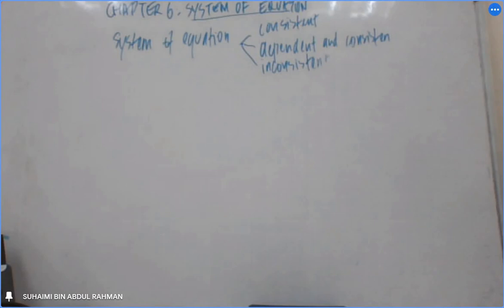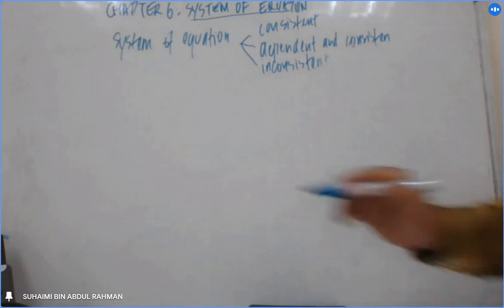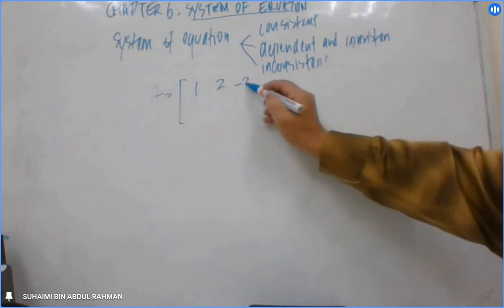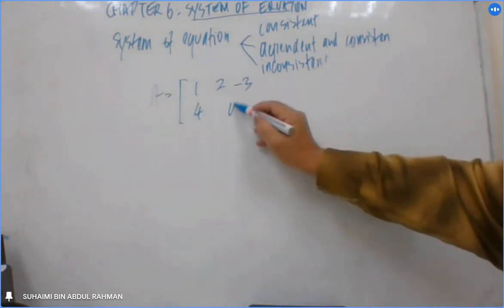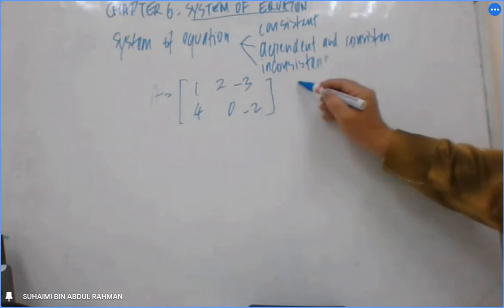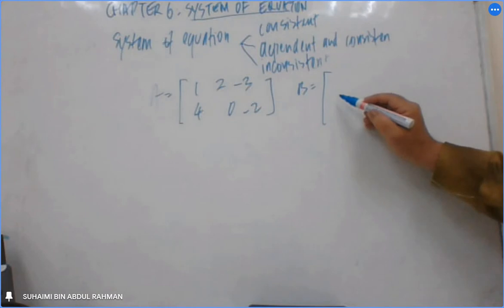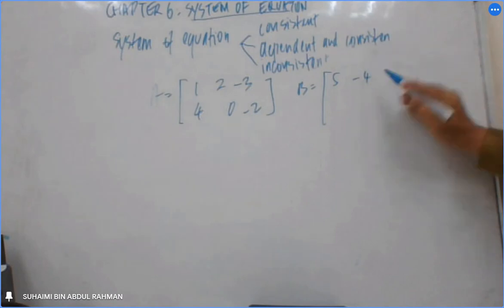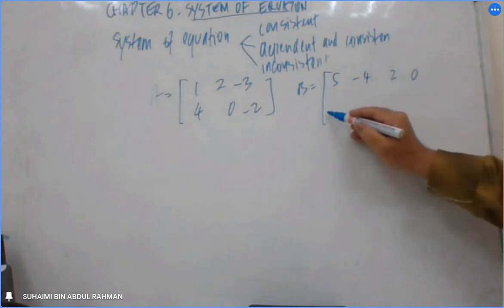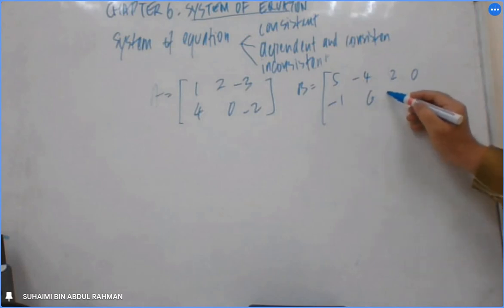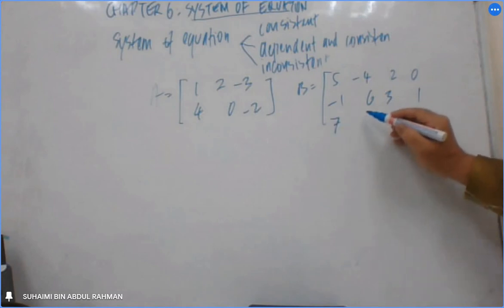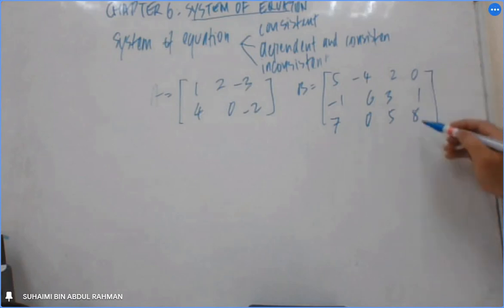For instance, matrix A is a matrix of 1, 2, minus 3, 4, 0, minus 2, and matrix B is 5, minus 4, 2, 2, 0, minus 1, 6, 3, 1, 7, 0, 5, 8.